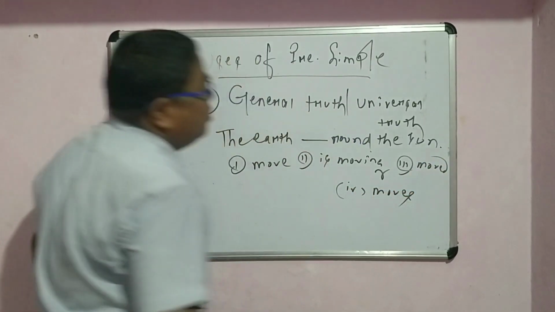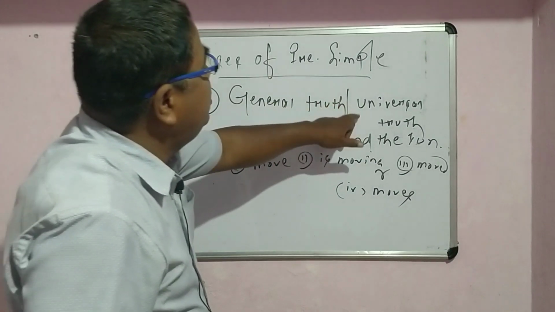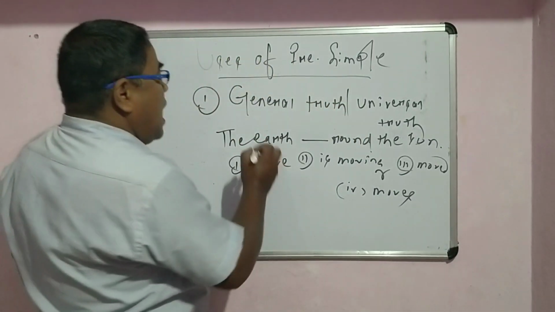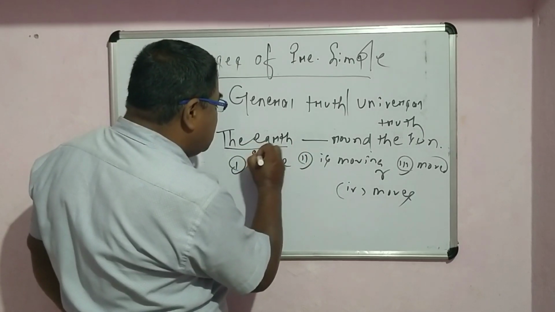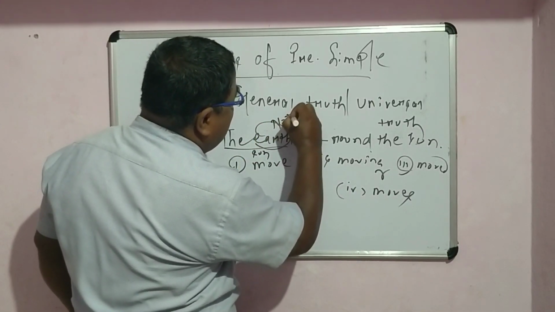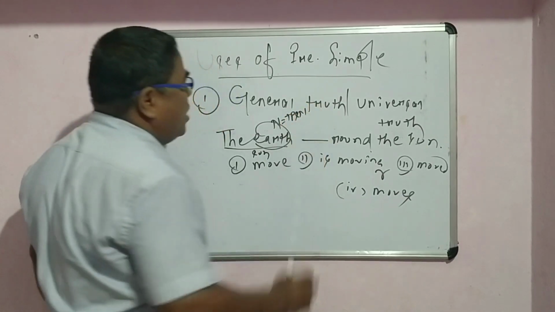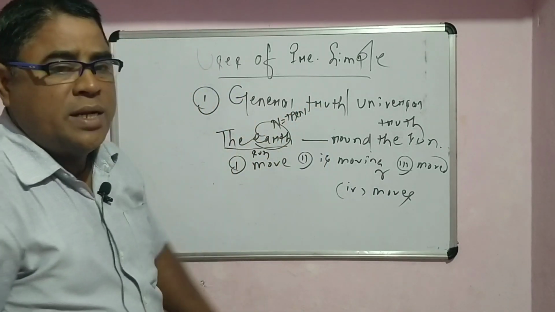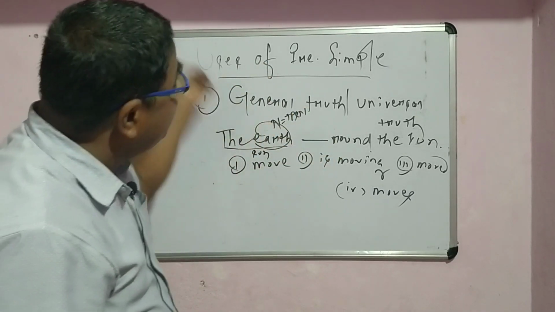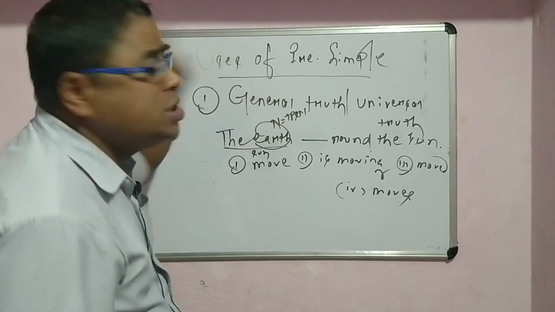Remember, I already told you, for general truth or universal truth, we use present simple. So here, the earth is the subject, and earth is a noun, and this noun is in third person singular number, because earth is only one planet, and its name comes third. As its name comes third, it is the third person singular number.